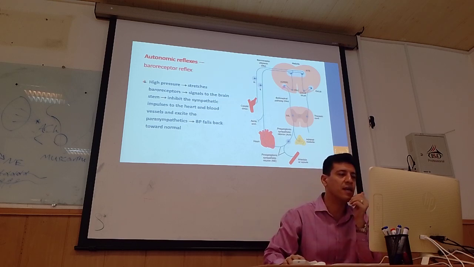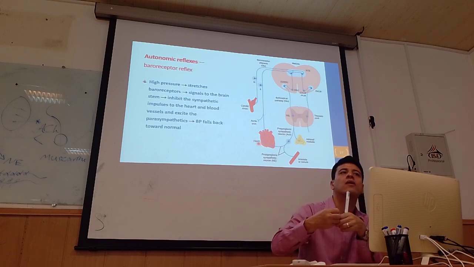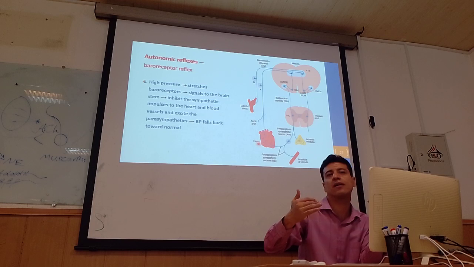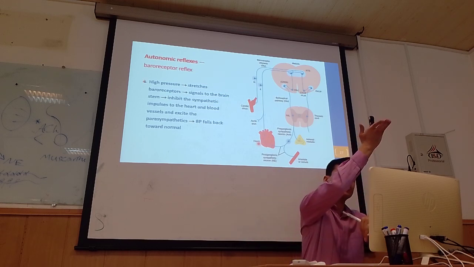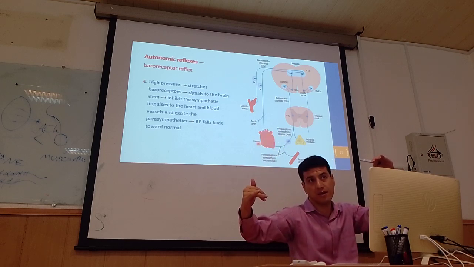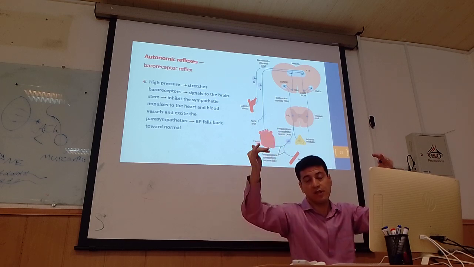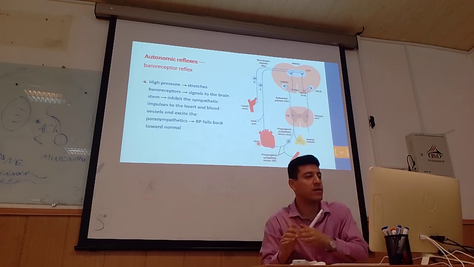So the result is less activity in this neuron, less activity in this neuron, and less activity in this neuron. So heart beating decreases, blood vessels are dilated. The result is a decrease in activity. So in response to increased pressure, there will be a decrease in the pressure. Right? So this decrease brings the blood pressure back to the normal situation.